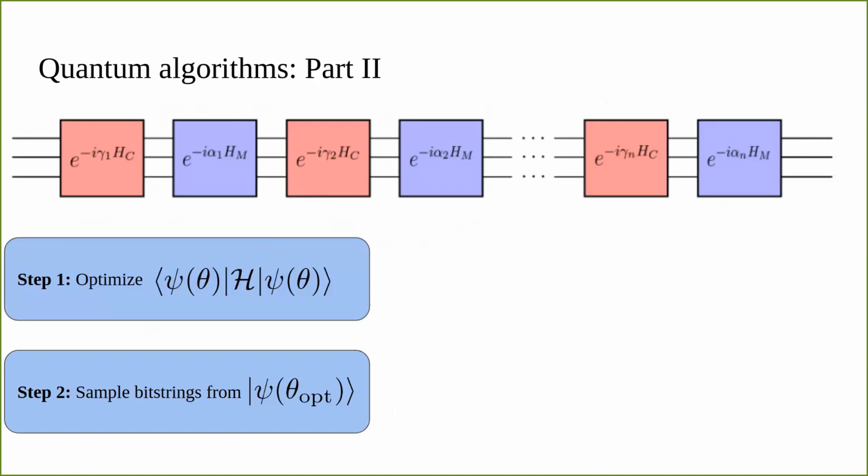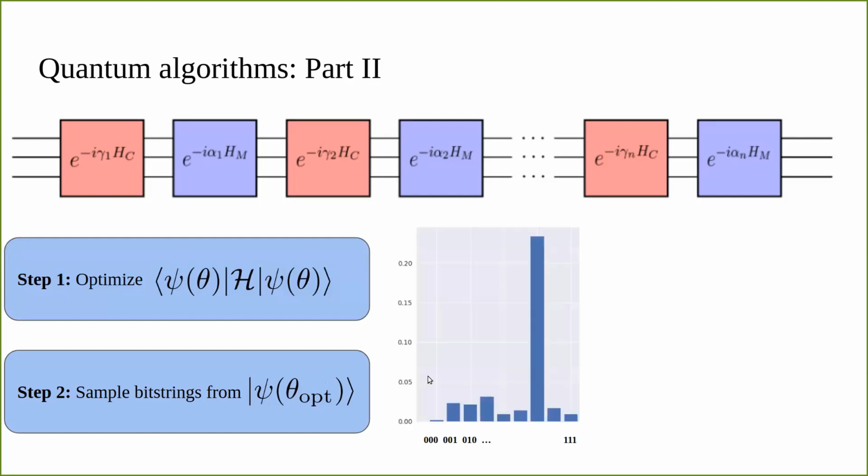So you then prepare using the optimal angles theta opt, the ansatz wave function, psi of theta opt, and then you measure that in the computational basis, and that will give you a sequence of bit strings like we've seen before. And so the bit strings, for example, 000, 011, all the way up to 111, they occur with some probabilities. And then the ones with the most probabilities, those are what you take to be your answer.